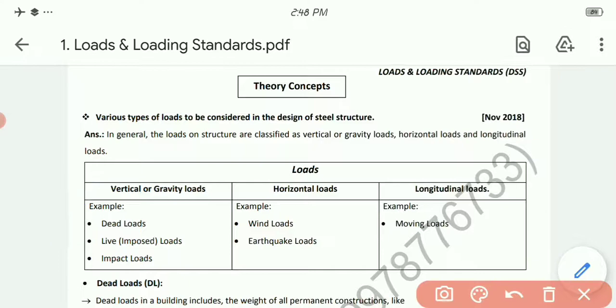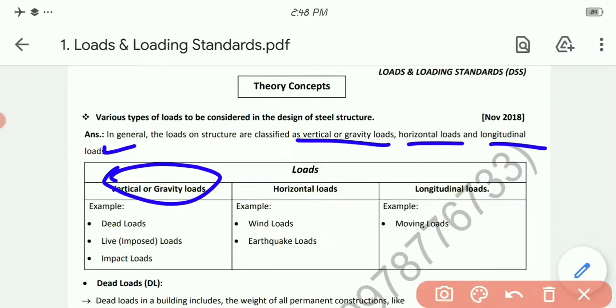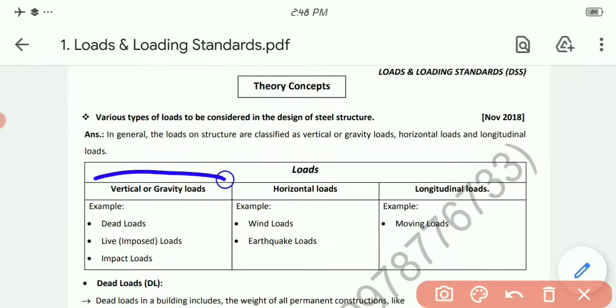In general, the loads on the structure are classified as vertical or gravity loads, horizontal loads and longitudinal loads. So basically there are three kinds of loads. Talking about the first, vertical load means the load which is acting either in the upward or downward direction. The examples are dead load, live load and impact load.